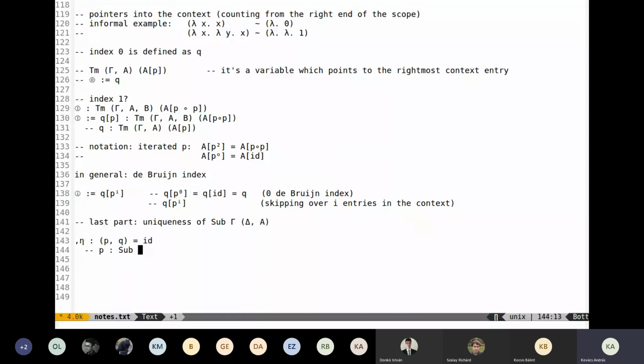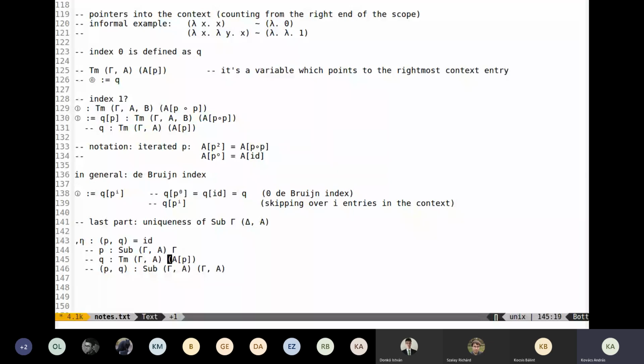So here P goes from gamma A to gamma, and Q is a term in gamma A with type A[P]. And if we are combining them, so if we are snocking them together, then it says type sub gamma A and gamma A, right?